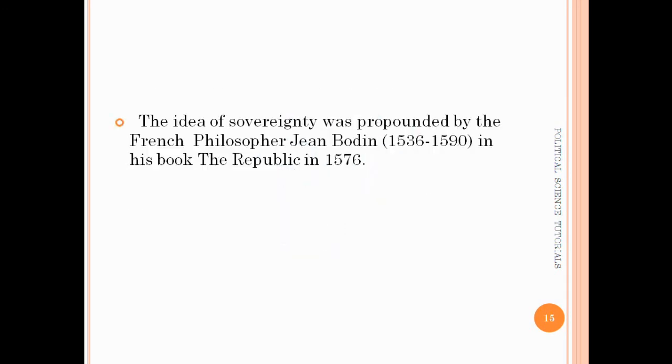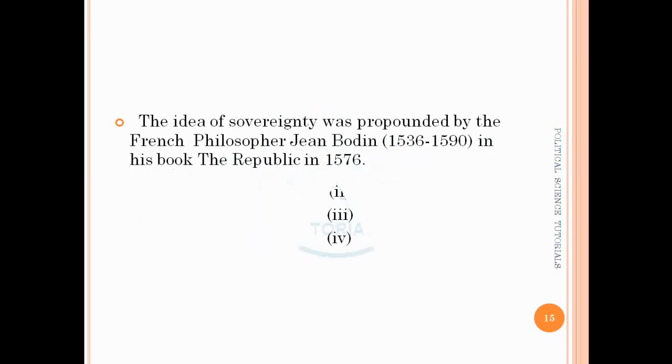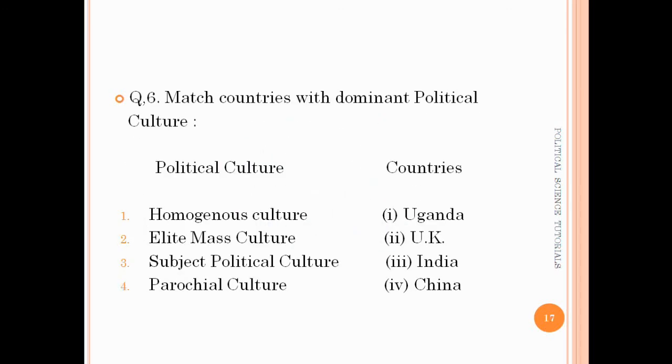So the answer is option C. And the theory of sovereignty was propounded by a famous French philosopher, Jean Bodin, who was born in 1536 and died in 1590, and he wrote his book The Republic in the year 1576, and in this book he wrote about his theory.